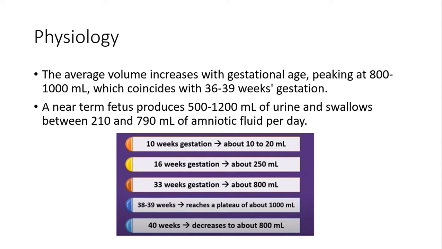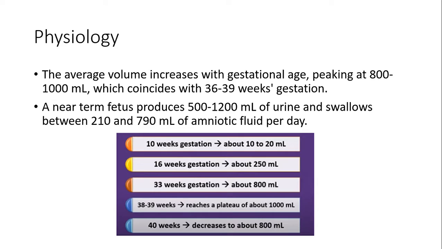The average volume increases with gestational age, and it's obvious, peaking at around 1 liter, which coincides with 36-39 weeks of gestation. Near term, the fetus produces around 1,200 milliliters of urine and swallows around 280 milliliters of amniotic fluid per day.